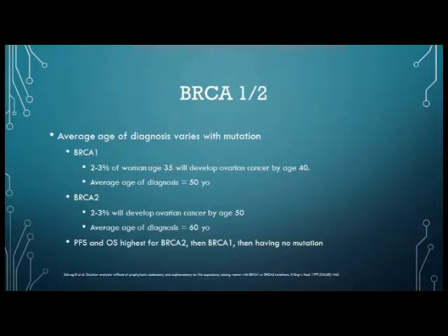With BRCA2, 2 to 3% will develop it by age 50, but the average age is 60, so about 10 years older for BRCA2 versus BRCA1 on all accounts. Interestingly, if you do have ovarian cancer, your progression-free survival and overall survival is a bit higher if you're BRCA2, followed by BRCA1, followed by having no mutation.